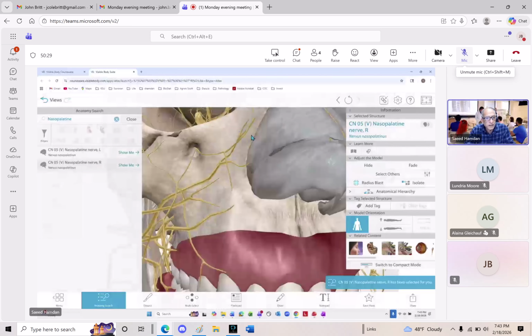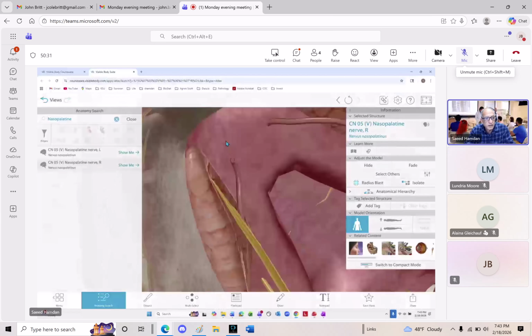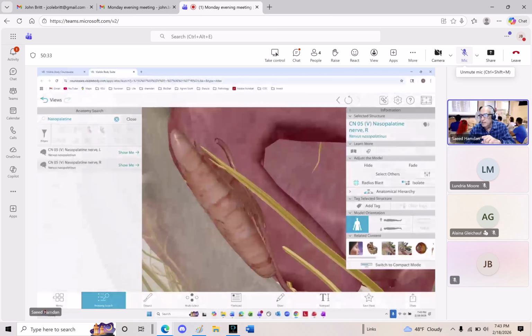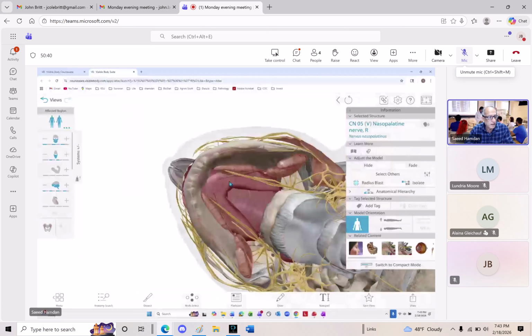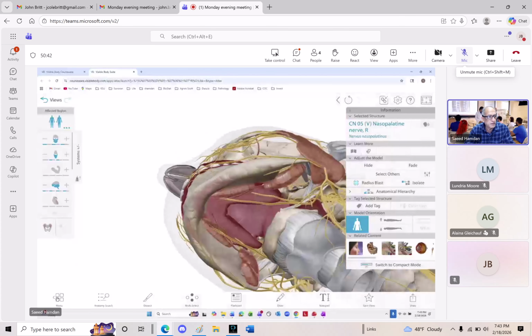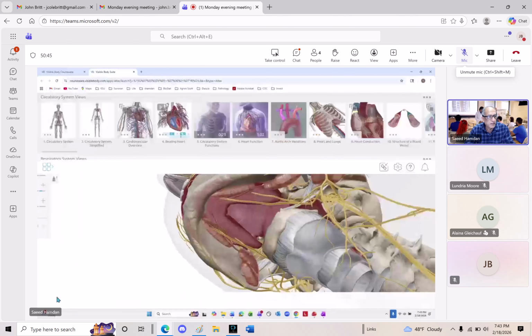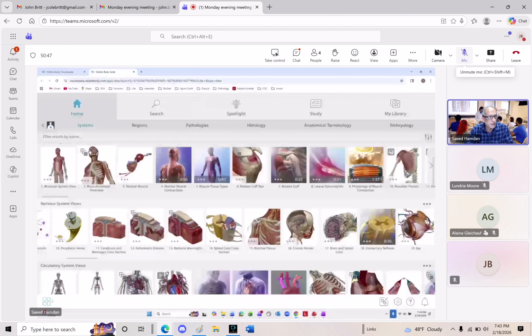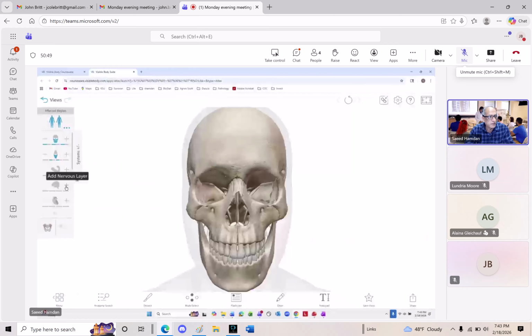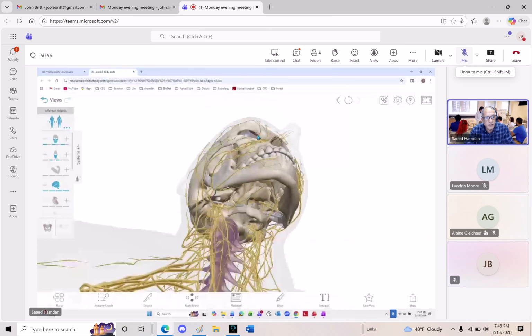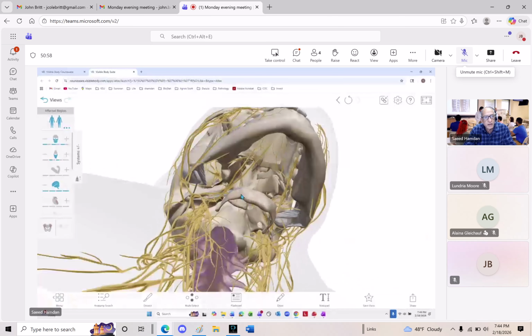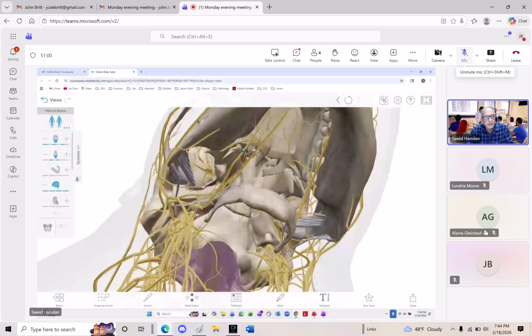It's going to be under, because you see the name is nasopalatine. It has to have something to do with the palatine. Might be a good idea just to do this. If I bring this guy and just add the nerves, it might be easier to do it this way, because it's going to be down there somewhere, going to the nose and the palatine at the same time.